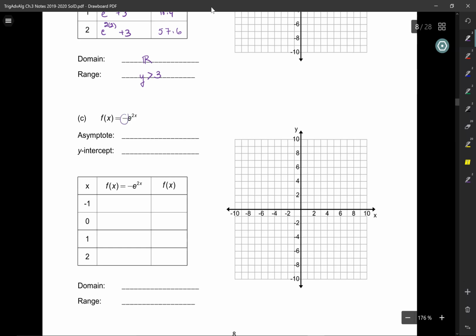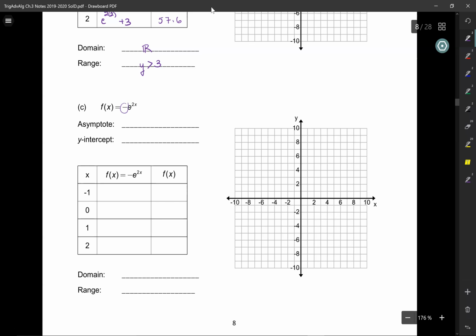Now I have a negative out front, and that means it's going to lie on the bottom of the asymptote, which means it's going to affect the range. But the asymptote is still y equals 0. The y-intercept is y equals negative e to the 0, negative 1. All right, and here what I have is negative e to the negative 2, and that equals, when you put it in your calculator, negative 0.1.